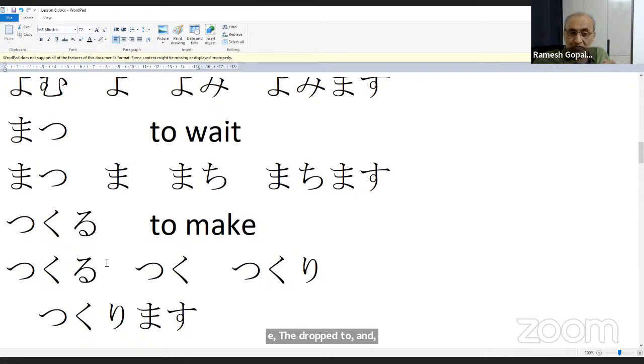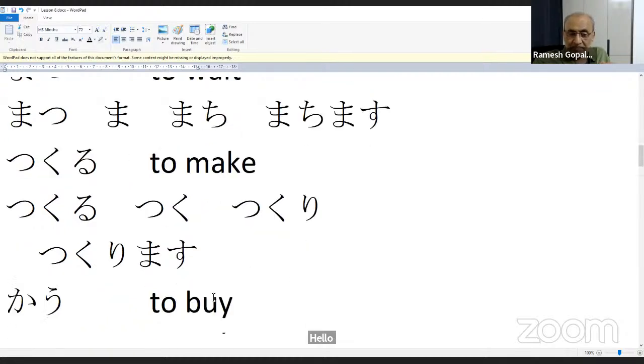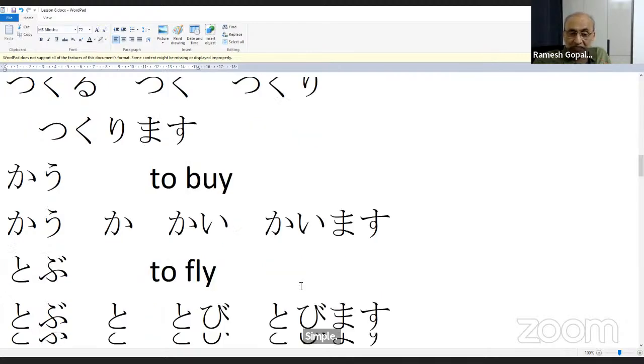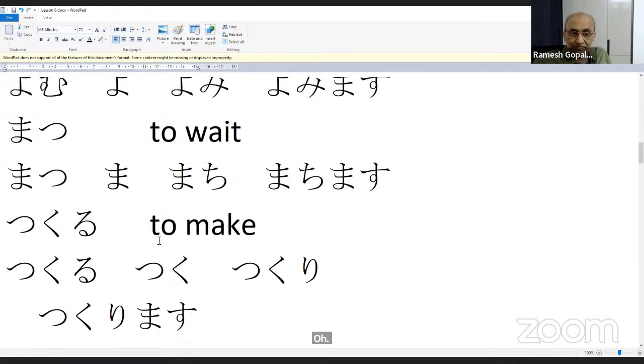Suru, sukuru. Drop ru, add ri, and then mas. Skurimas. Okay. Kau, drop u. In that line, you see, i is the corresponding e sound. Add that and then add mas. So kaimas. Kau, kaimas.